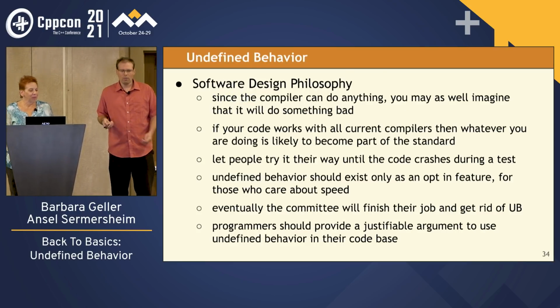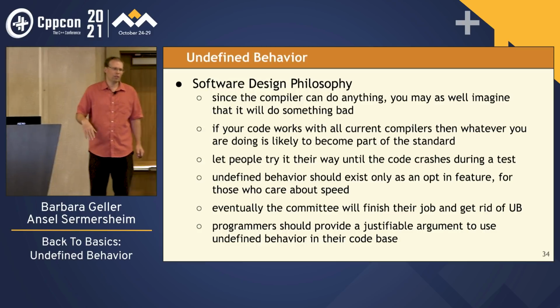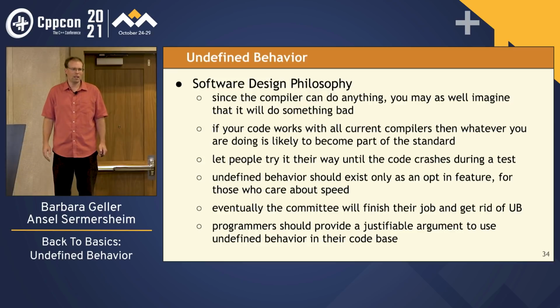So this brings up the idea of, what sort of philosophies do people use when they're looking at undefined behavior? And one that we see a lot is, well, my code works on all the current compilers, so it'll probably become part of the standard because everybody agrees. Or, well, it's okay. Just let people do what they're going to do, and then they'll find out that it's wrong in the unit tests. Well, that doesn't work, as we've just seen.